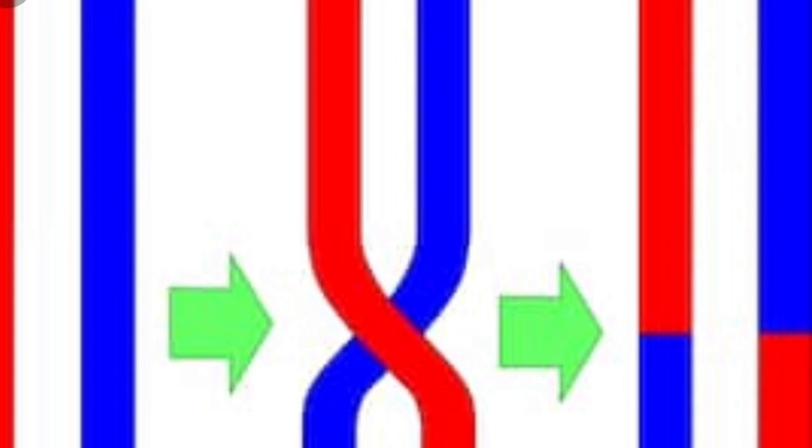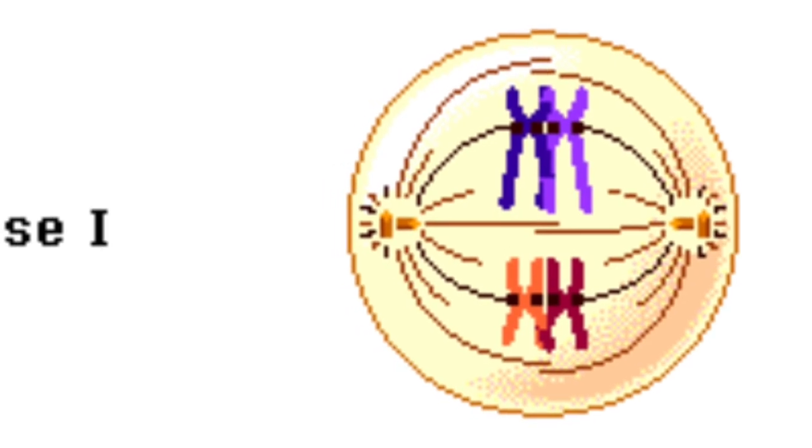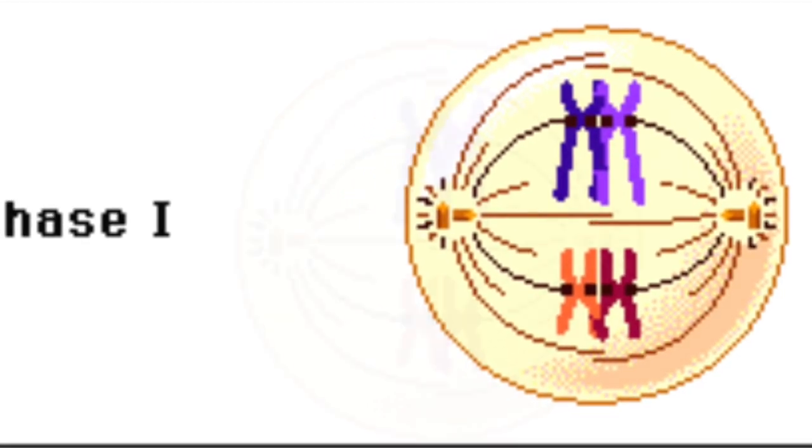Once we are done with crossing over in prophase 1, we will move to metaphase 1. In metaphase 1, those sister chromosomes, which means you're going to have four arms of genetic material attached to the chromosome, are going to meet up in the middle of the cell. Meta means middle. So basically what those chromosomes are doing in metaphase 1 is meeting up in the center of the cell.